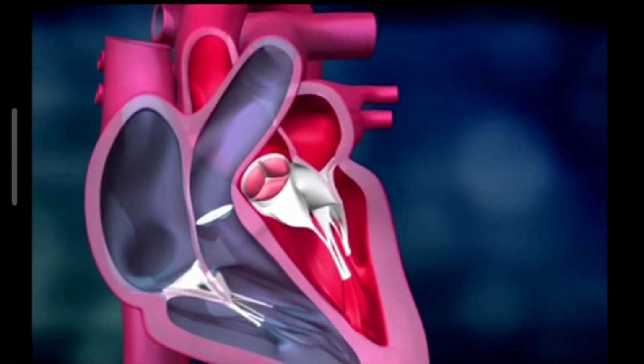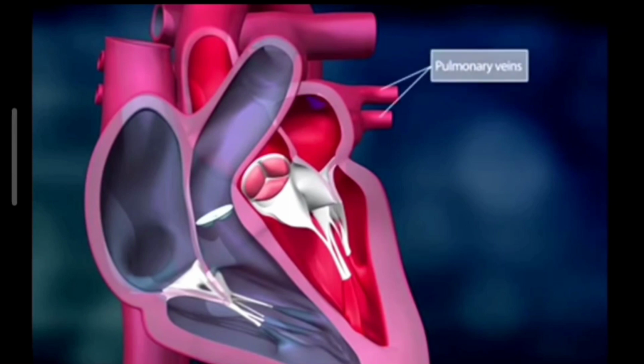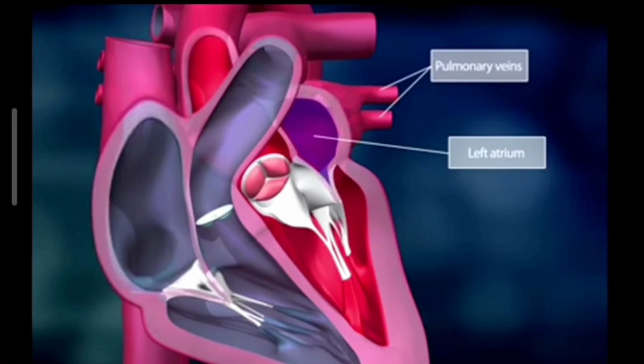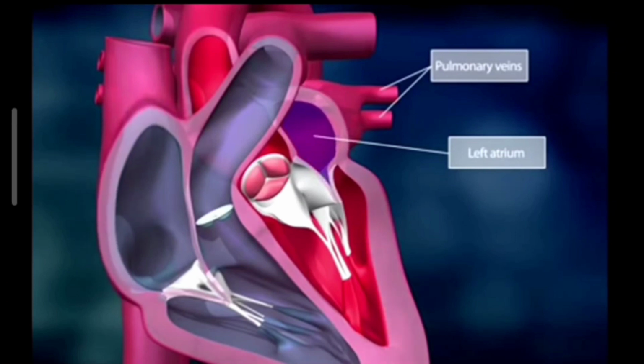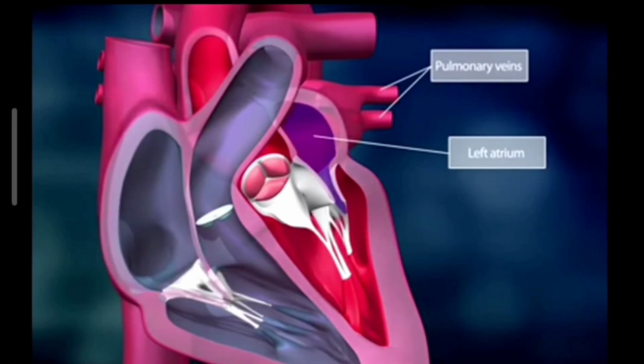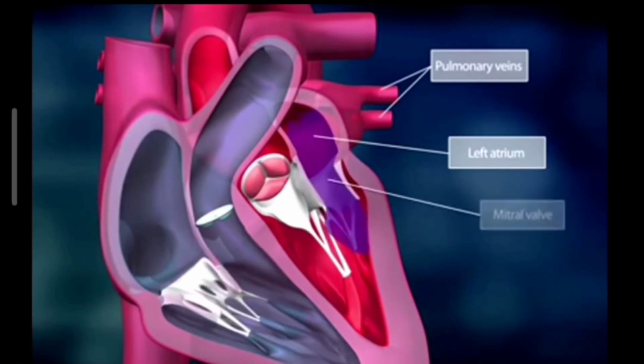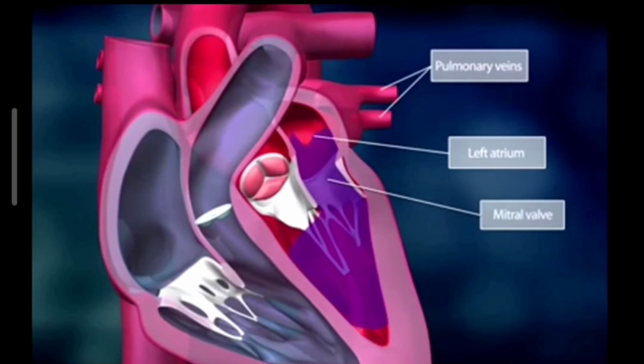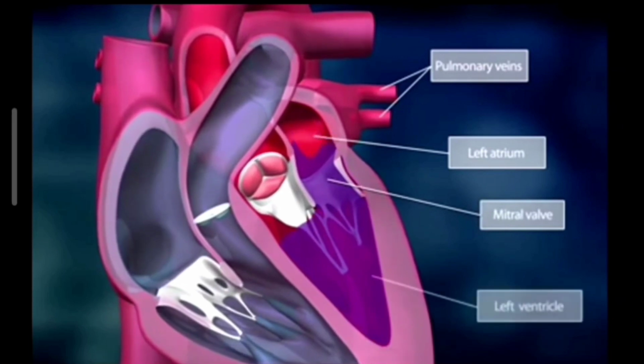Now this blood from the pulmonary vein gets inside the left atrium, and then once full, the mitral valve opens, allowing this blood to move down to the left ventricle. There it is. Okay, so the mitral valve opens, allowing the blood to move down to the ventricle.